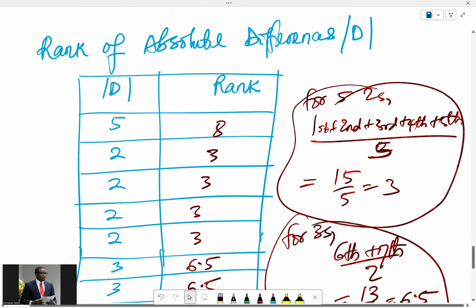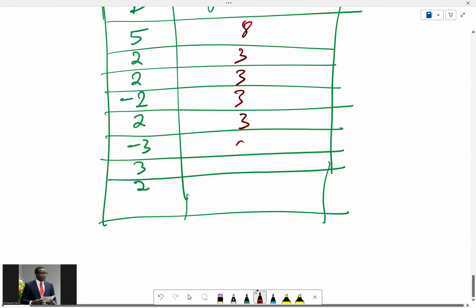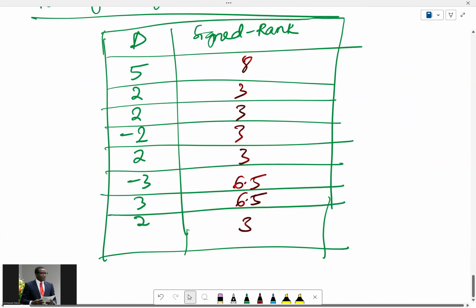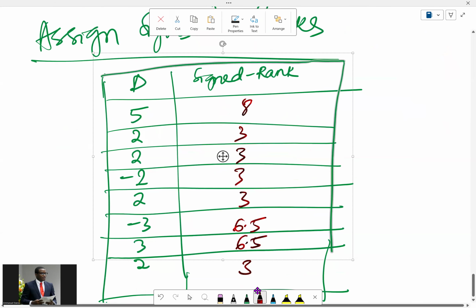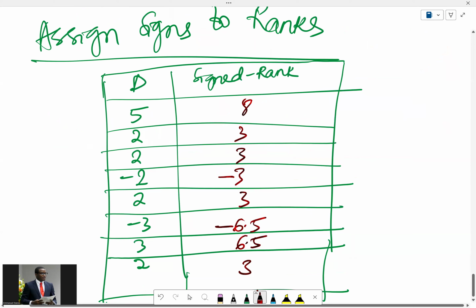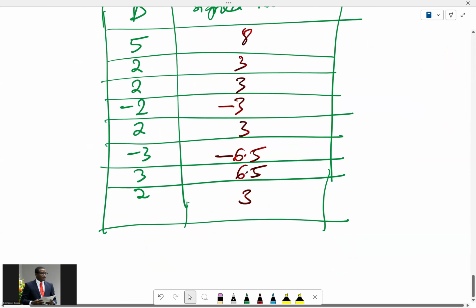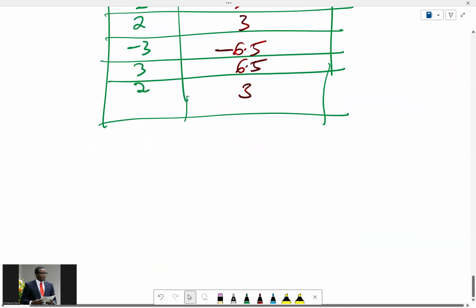Then 6.5, 6.5, 3. Now we have to put the signs corresponding to each of them. So this one has negative, and this one has negative. All the others are positive, right? Having done that, the next thing we want to do is to sum the ranks. That is step 4.